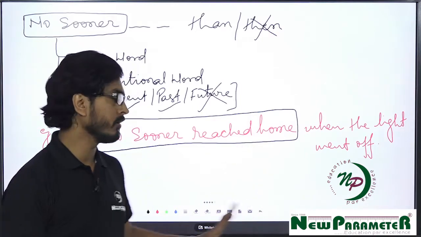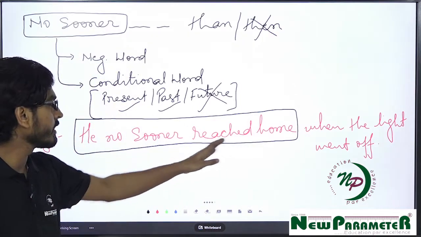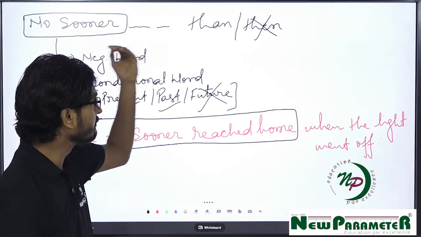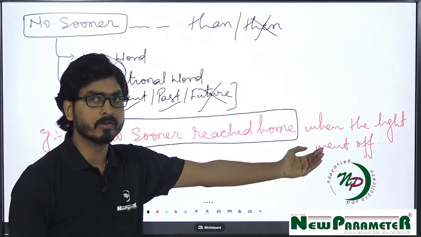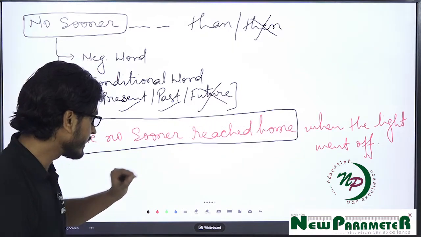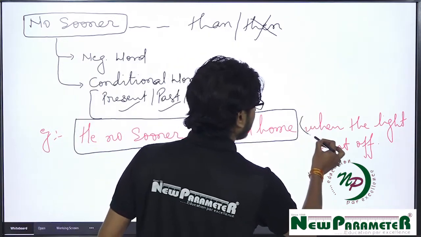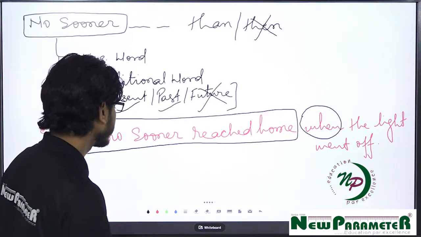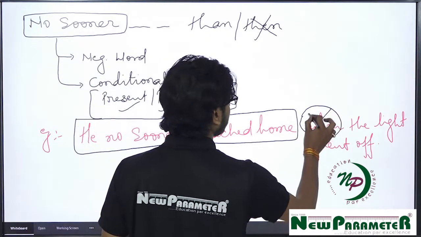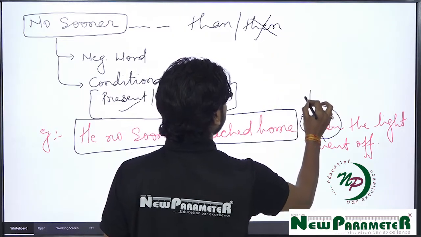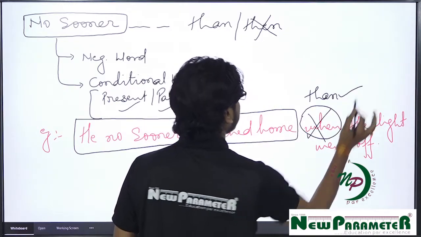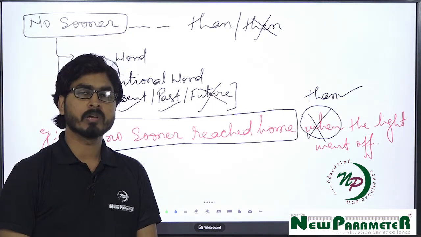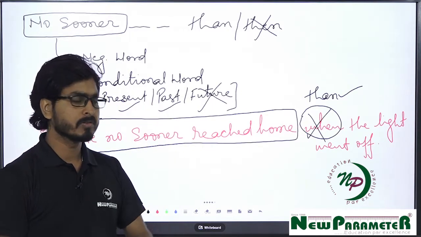No sir, not at all, safe. Is there any future tense in this clause? No sir, perfectly fine, safe. But when we move to the next clause, we saw there is a word when, which is not allowed with no sooner. So better we use here THAN, and that's it, and the sentence becomes correct. So guys, this is all about no sooner.